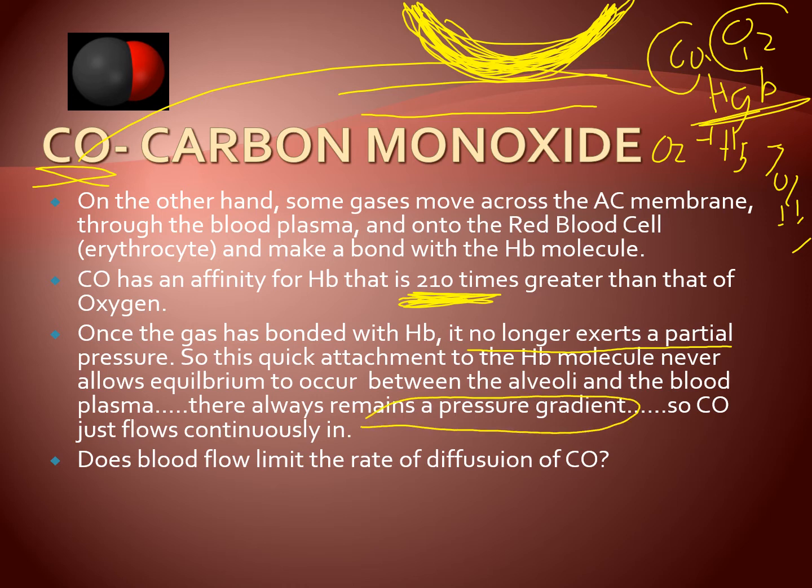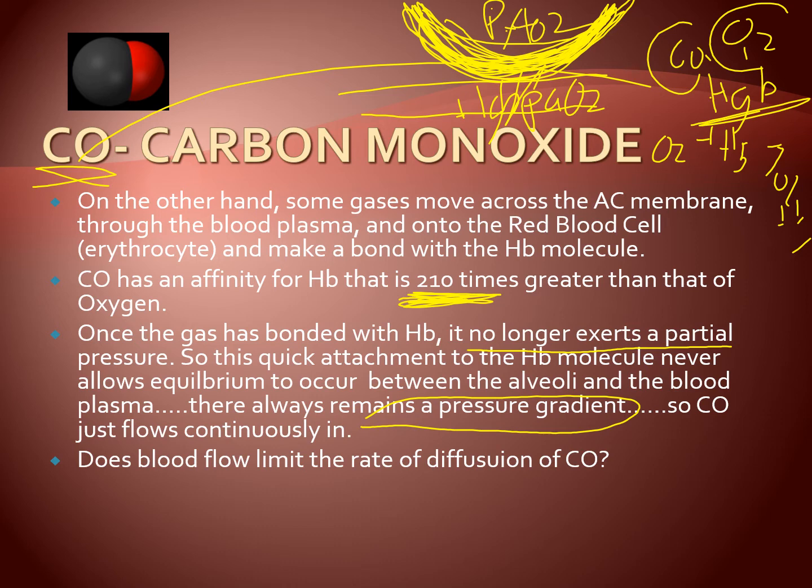There's always going to be a higher pressure in your alveoli compared to your bloodstream, right? And compared to your hemoglobin molecule. Both of those are going to be a deficit compared to your P big AO2, the amount of oxygen that's in your alveoli.